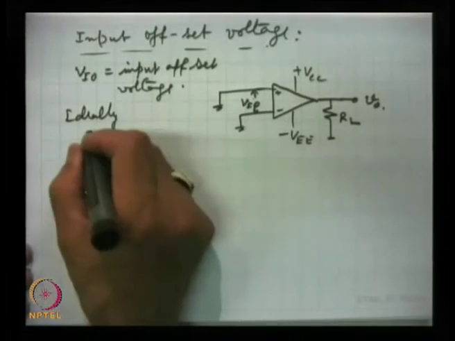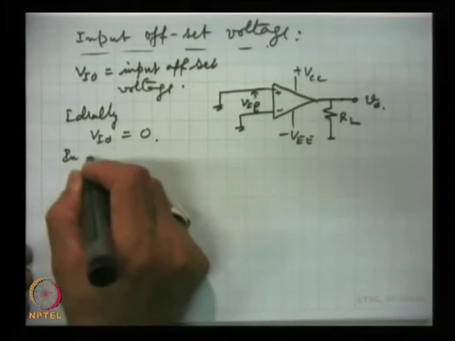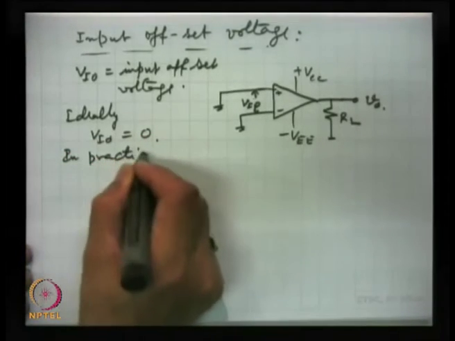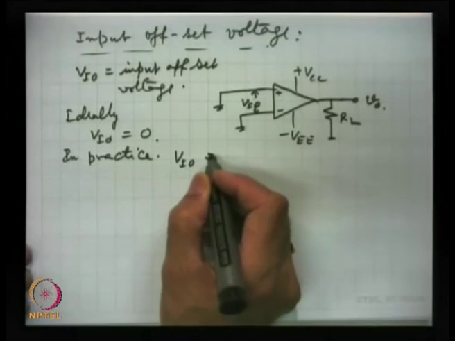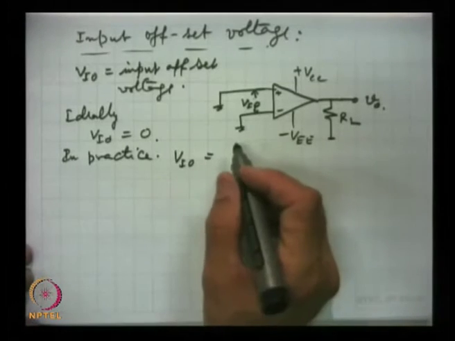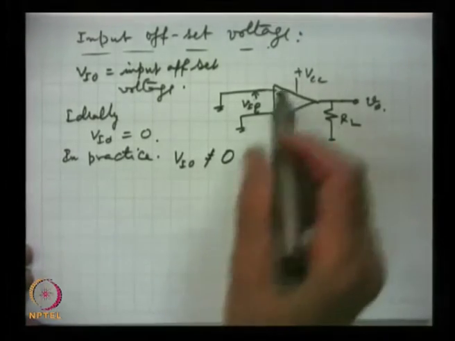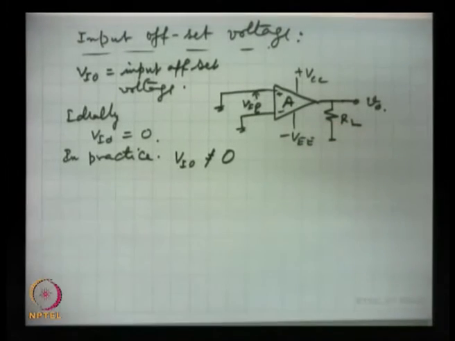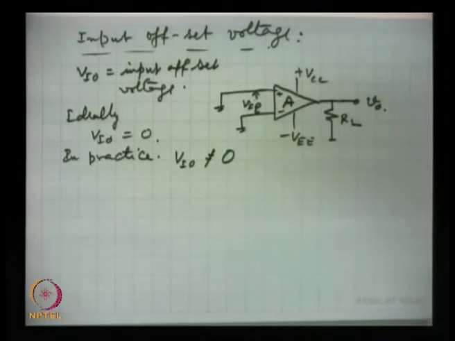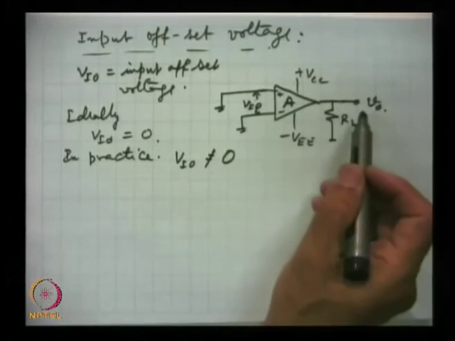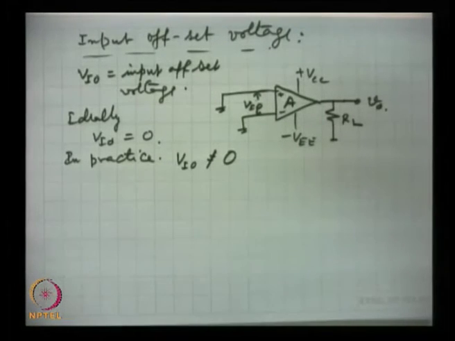So, ideally VIO should be 0, but in practice this is not 0, this is a finite value, and this is amplified. After all, the open loop gain of the op-amp is very high. So, this is amplified and gives a finite output voltage.